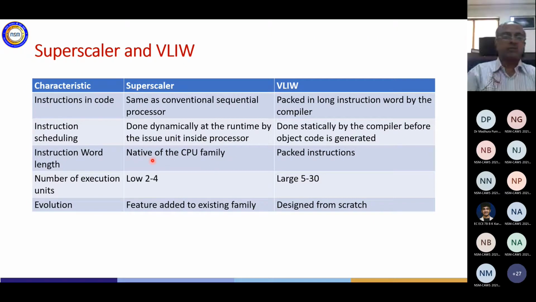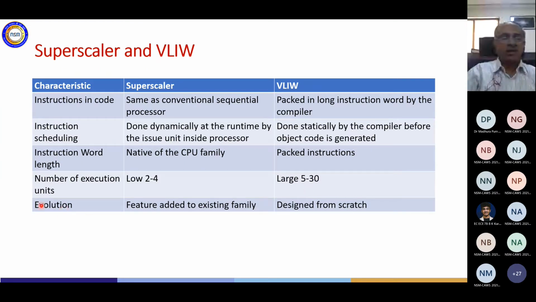Whatever the instruction word length of the 486 is, the same is true for the Pentium, whereas in VLIW it will typically be a packed instruction. How many execution units? 2 to 4 in superscalar. You cannot go large because the dynamic scheduling becomes very difficult if the number of units is more. But here you can go larger. Why? Because there is nothing like an issue unit. It is straight away taking the word and dumping it on the execution units.